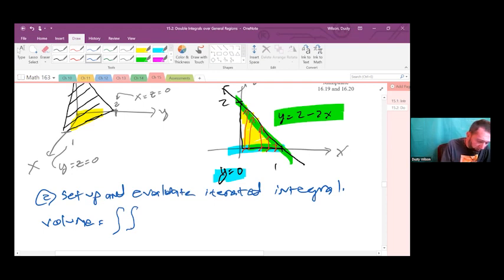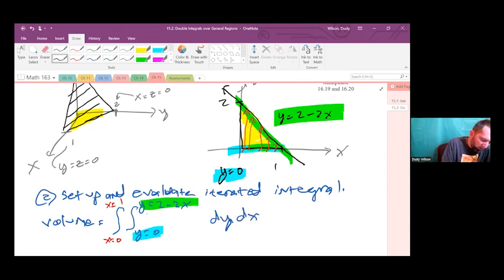My lower limit is going to be y equals 0 to y equals 2 minus 2x. This is from the blue to the green. And my arrows are running, the leftmost arrow is at x equals 0. The rightmost arrow would be at x equals 1. And notice that our arrows are running parallel to the y-axis, so I'm going to go dy and then dx.